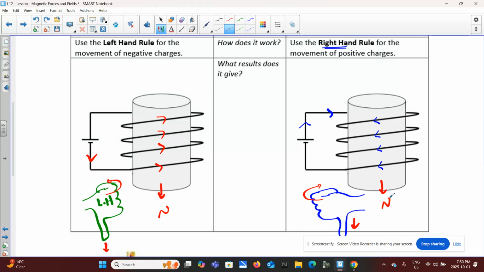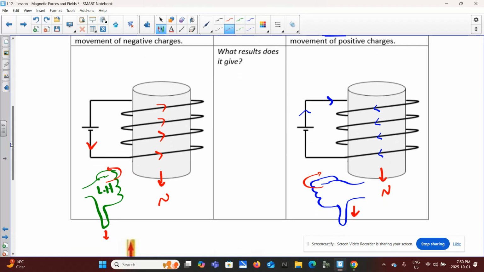Now, the reason I'm stressing this to you is conventional current's used in British Columbia, it's used in portions of the States, it's used in automotive, it's used in circuit design, and as a result, they refer to current as right-hand rule. If you hop on YouTube and search for hand rules, you're going to find right-hand rule. "Hey, that's not how Mr. Bear did it. He didn't use the right-hand rule." Correct, because we dealt with the actual flow of electrons, which is what we test and assess in Alberta, because it's what's factually accurate.